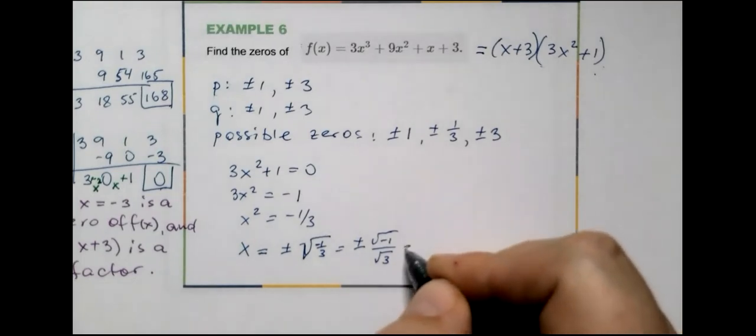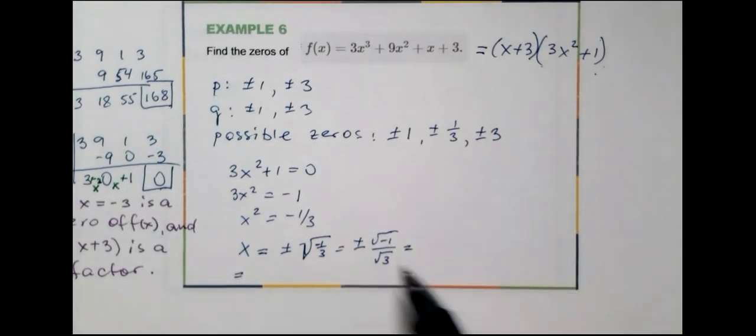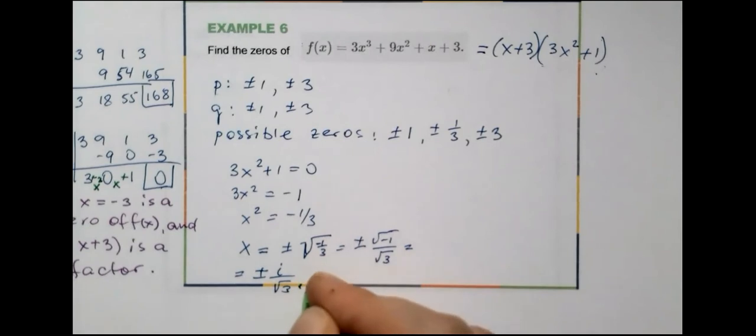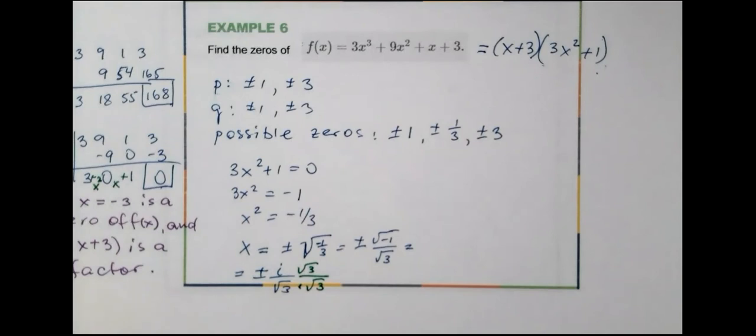Okay, so I'm going to continue here. Square root of negative 1 is i, so we have positive negative i over root of 3. And again, we need to rationalize our denominator. So I'm going to multiply the top and the bottom by the root of 3.